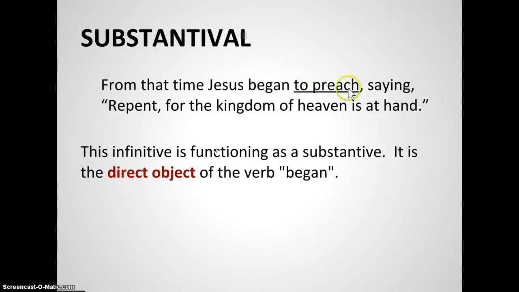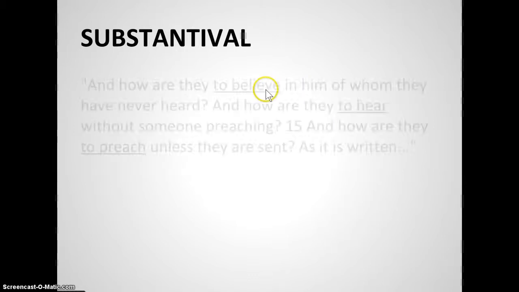Sometimes these are called complementary infinitives, which is useful because this is the complement of this verb here, began, just like any object is the complement of the verb, or the verbal that it's the complement of. So this infinitive is called a complementary infinitive because it is the object of the verb began.